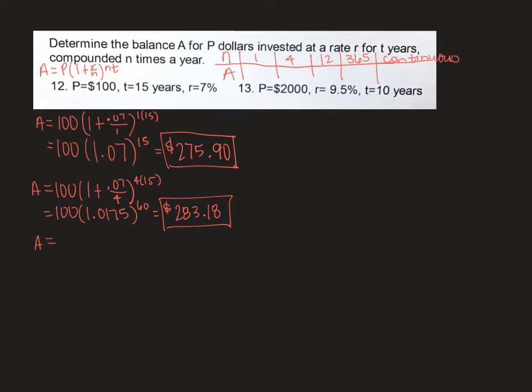When we go to 12 times a year, now this is a rounded decimal in the parentheses, so make sure in your calculator you use the actual value and not the rounded value.